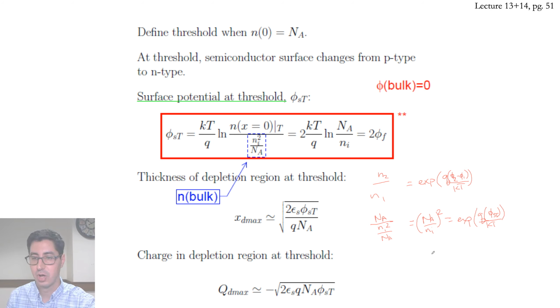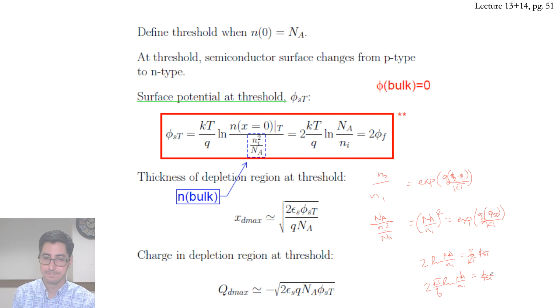Okay, we take the natural log of both sides, and we get 2 natural log of Na over ni has to equal q over kT phi_S,TH. And that just simplifies to 2 kT over q natural log of Na over ni is equal to phi_S,TH. Okay, so that's just where that's coming from.